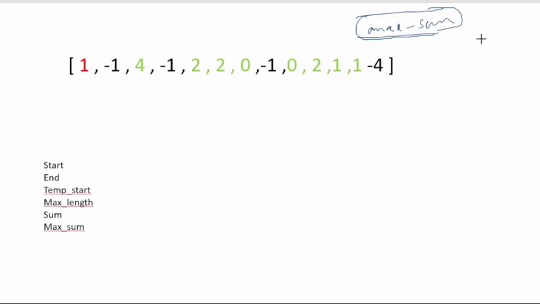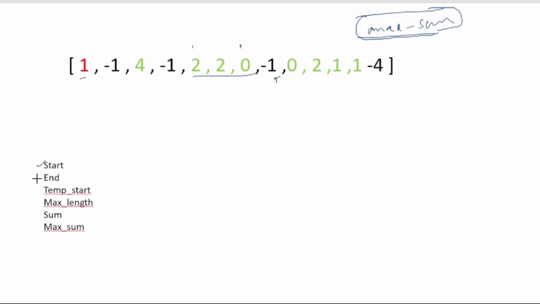We need to print the subarray as well. So if we are iterating through the array, at any given instant of all the subarrays that we have been through, we need the information of the starting point and the ending point of the subarrays that we have come across, right? So we will take these many variables.